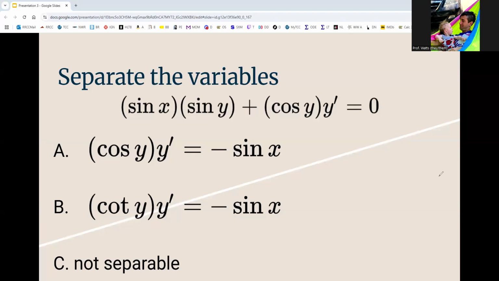But I think we'd want to subtract the sine x, sine y to the other side. And then we'd want to divide both sides by sine of y.